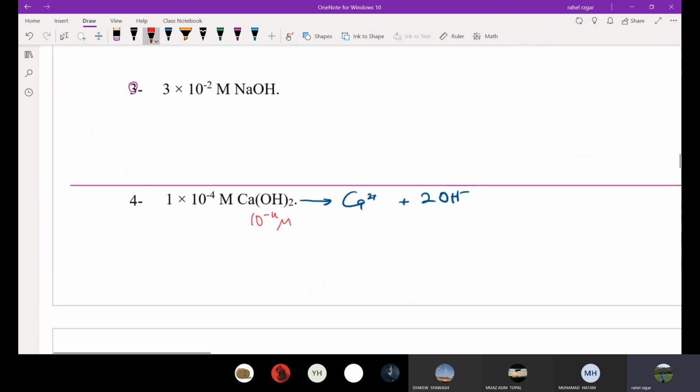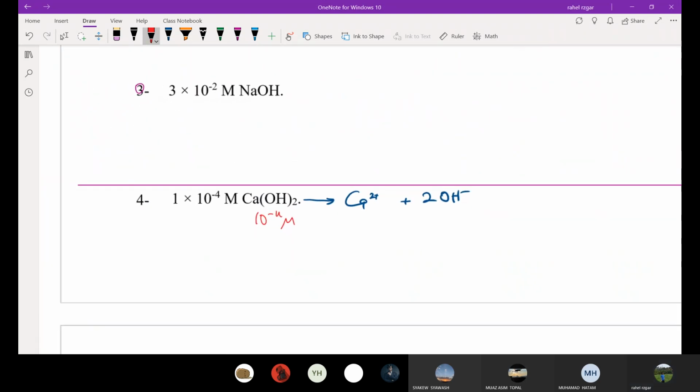Then what will be the concentration of OH? It will be 2 times 10 to the power of negative 4 molar.